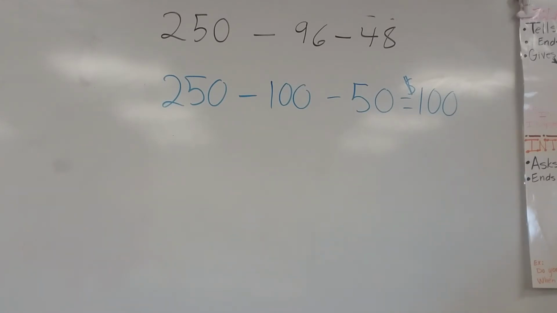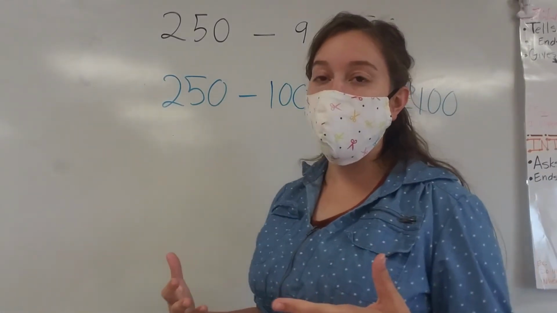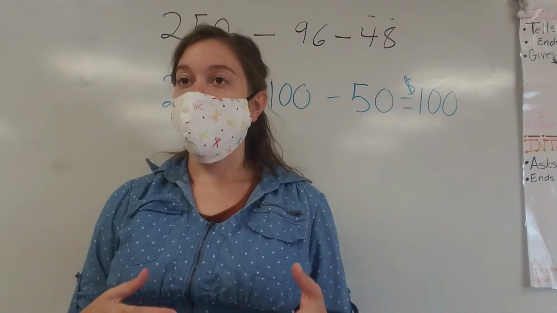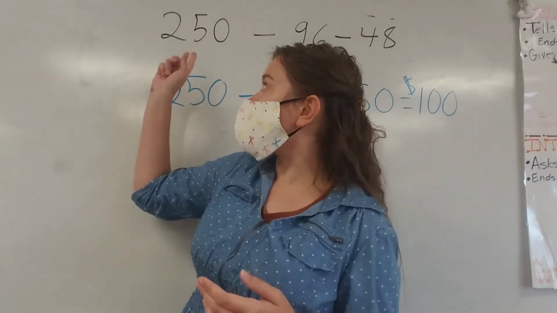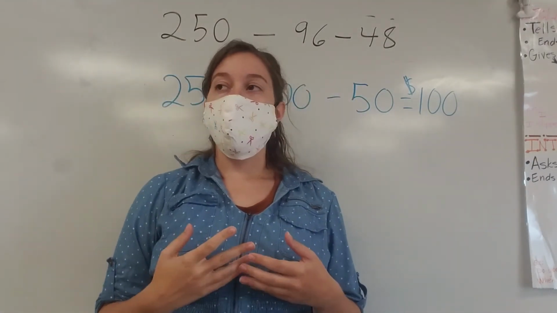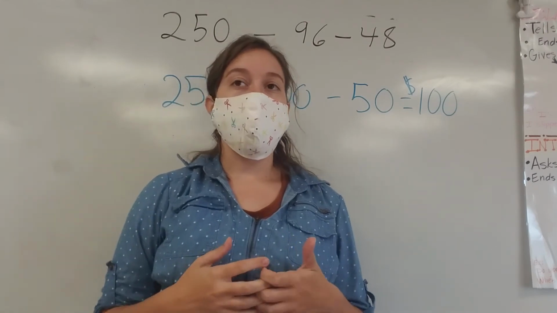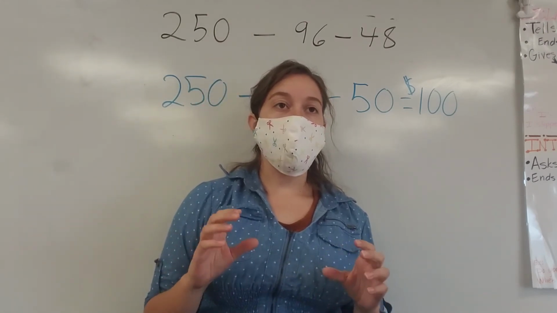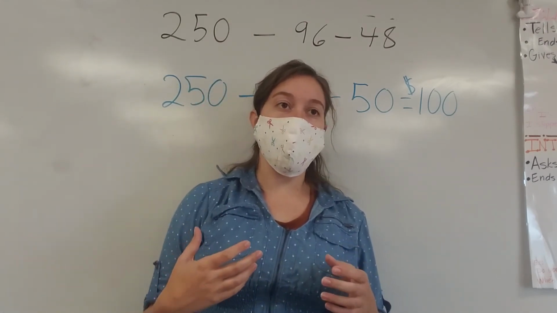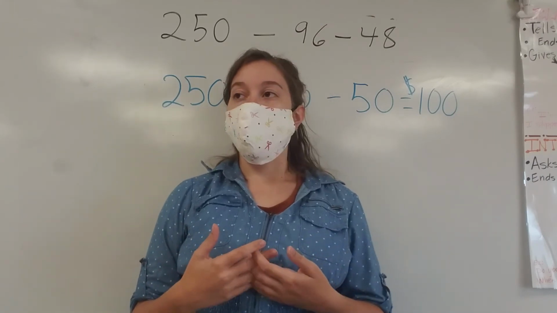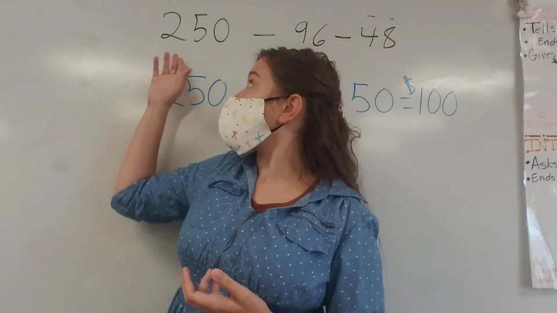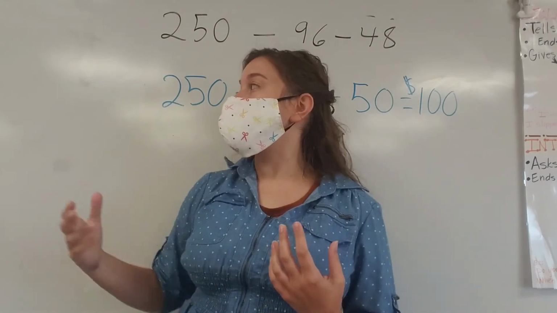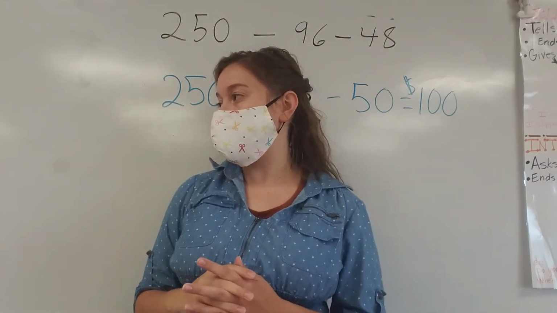Now, when we are looking at part C where it says why did you choose this strategy? Well, the numbers they gave us were pretty good numbers to see what it was close to, right? So sometimes the problem just makes sense to choose a specific strategy, right?